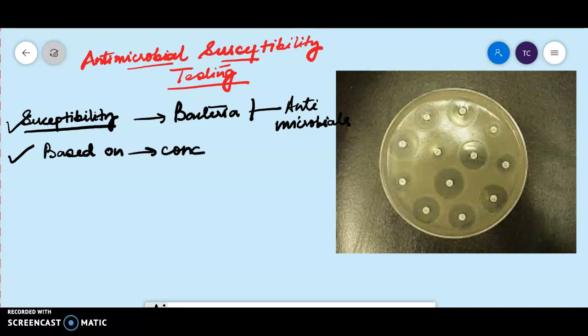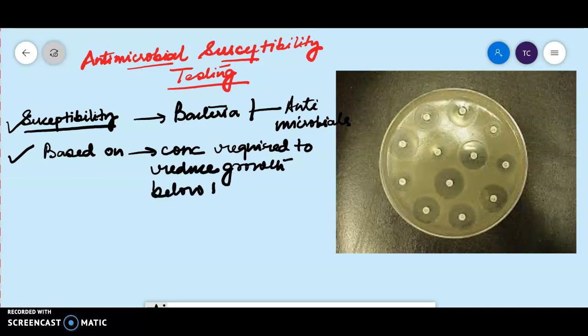So susceptibility is basically based on the concentration required to reduce growth below the visible level.